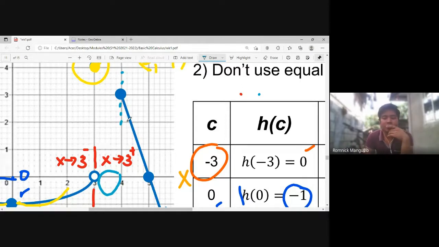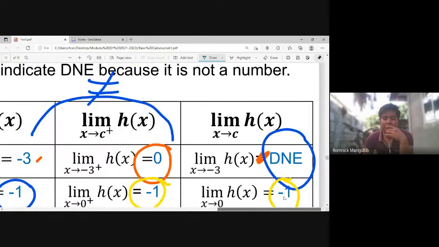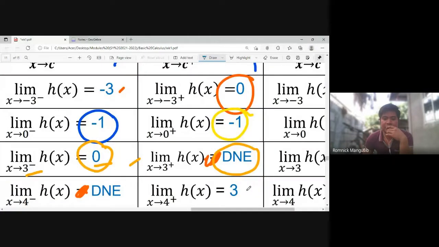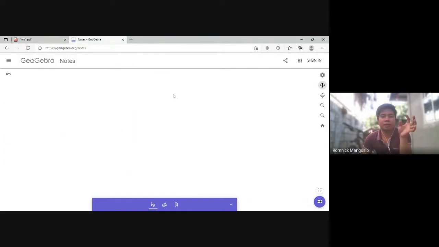So, ang ibig sabihin nito, class, walang nagpakitang graph na gumamit. Pag wala kang nakikitang graph na gumamit dun sa numbers na pinakamalapit kay 3 from the right, ang ibig sabihin nito, ang limit ay hindi na nag-exist.